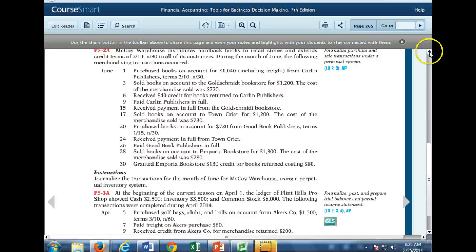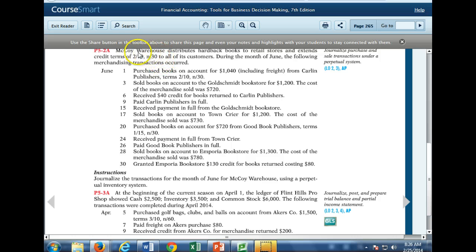Well, we show here that McCoy distributes hardback books to retail stores and extends credit terms of 2/10 net 30. So it's telling us that if any customer purchases their items and pays within 10 days, they're eligible for a 2% discount here.